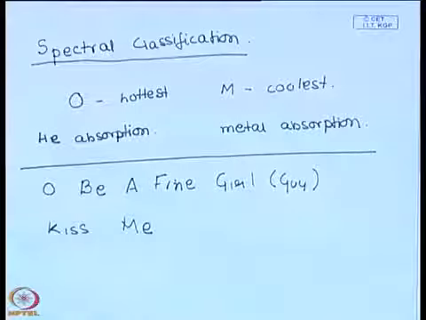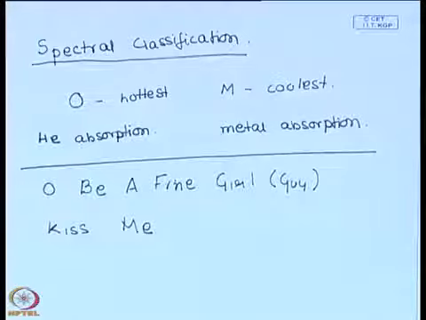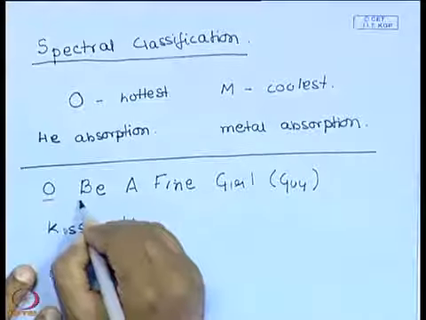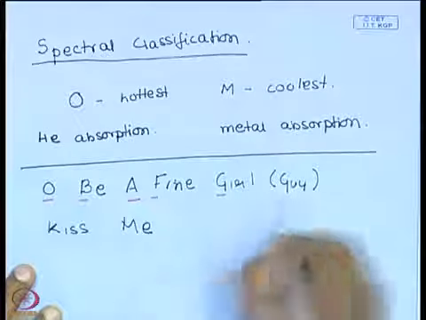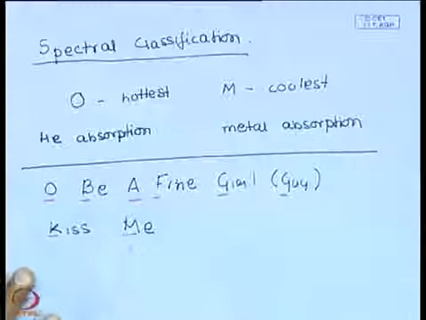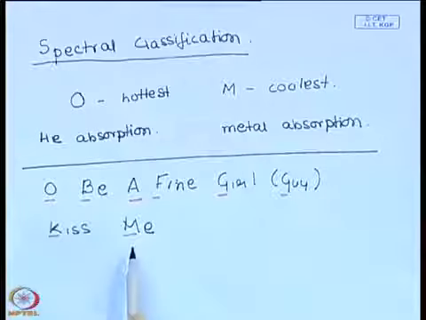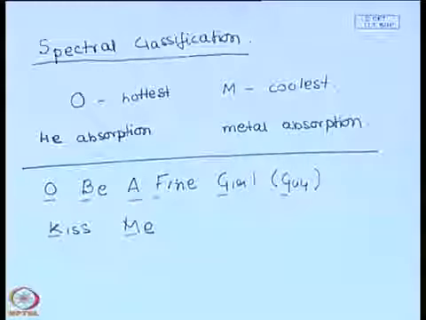So, this is the mnemonic by which astronomers remember the entire spectral classification scheme, and the different spectral types are O, B, A, F, G, K, M. The O stars are the hottest and the M stars are the coolest. Okay, and this is a mnemonic by which you can remember the spectral classification scheme.